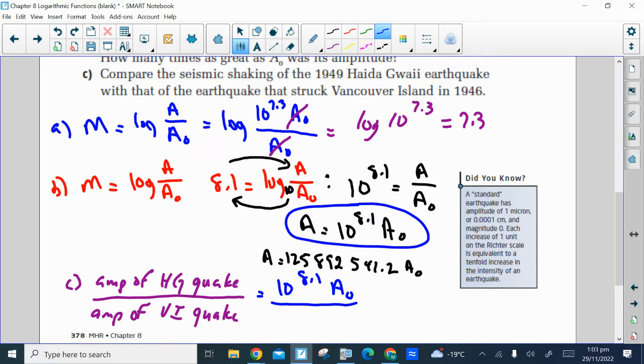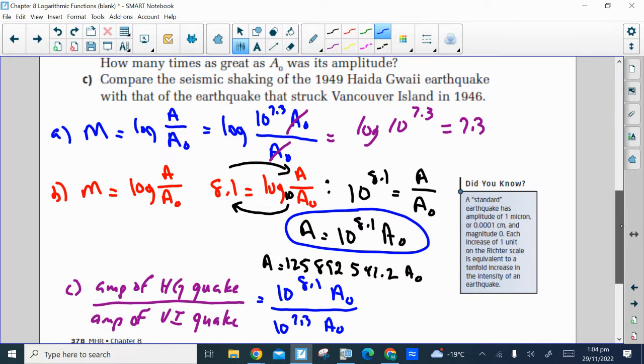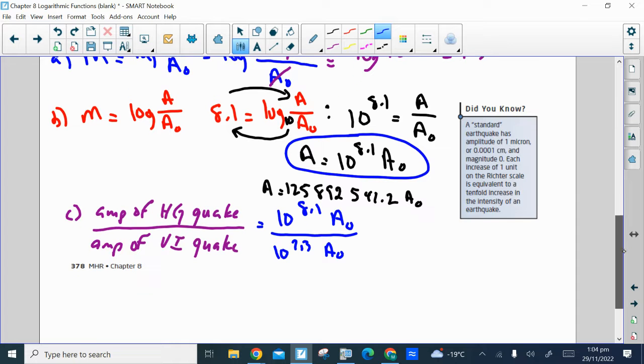It had a magnitude of 7.3, and so the amplitude of it would be 10 to the power 7.3 times A sub 0. And those are the two things that we're going to divide to see how many times more intense the Haida Gwaii quake was compared to the Vancouver Island quake.